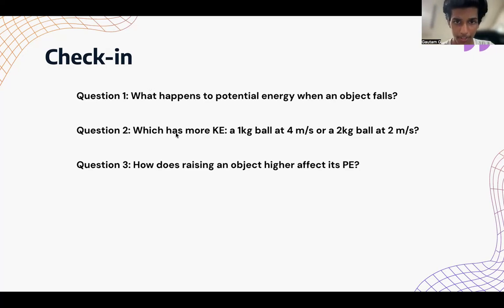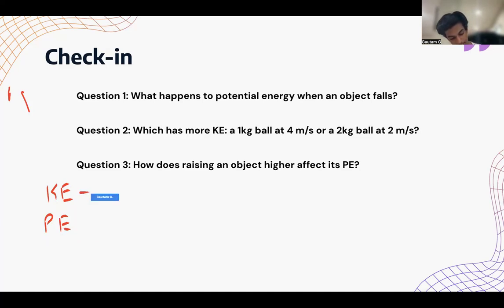I forgot if we did these last time. I think we did, but if you weren't here, I'll go quickly over it. I'm hoping you have a pencil and paper or notebook ready because there are two equations we need to talk about, kinetic energy and potential energy. We'll be using this a lot this class.